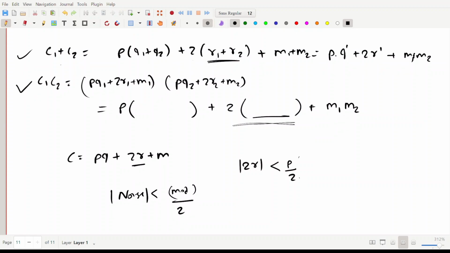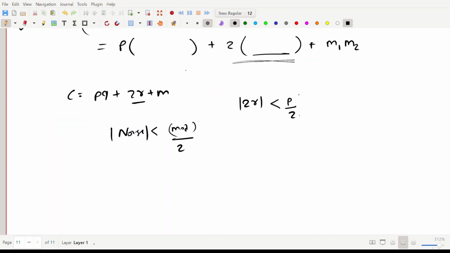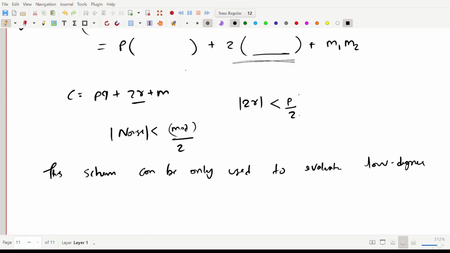That means this scheme can be only used to evaluate low degree Boolean functions over encrypted data.